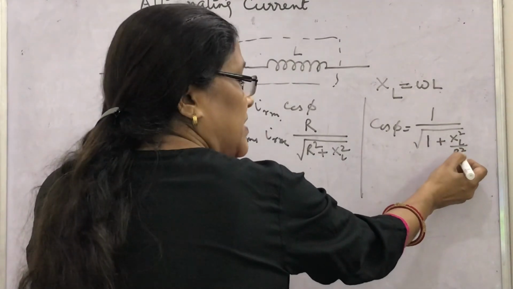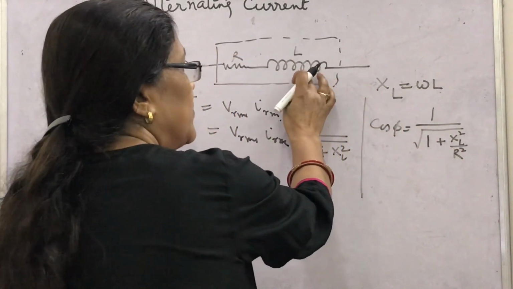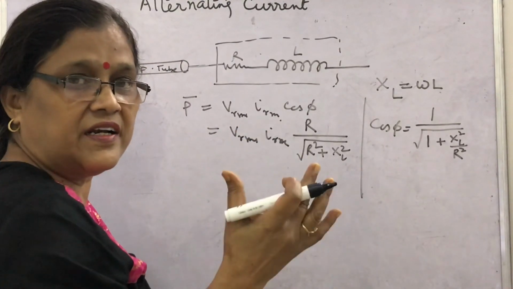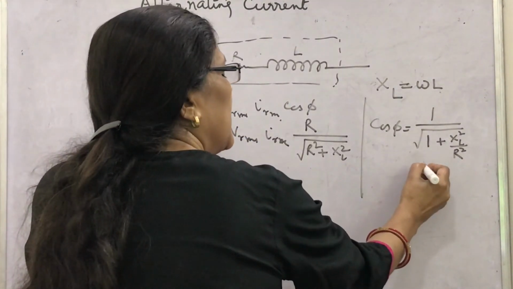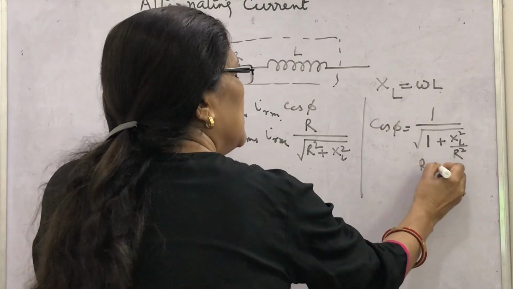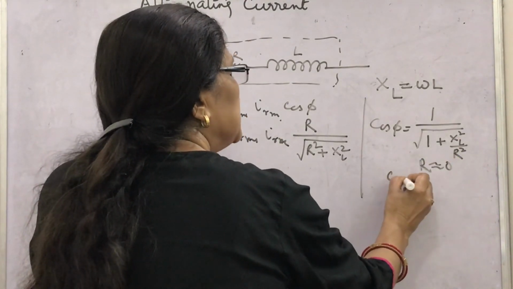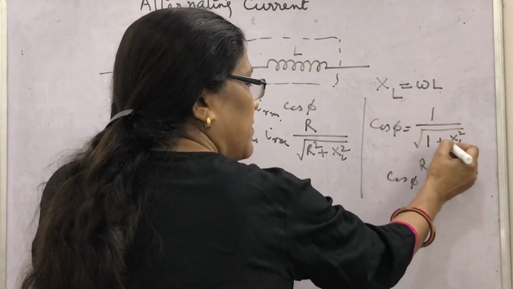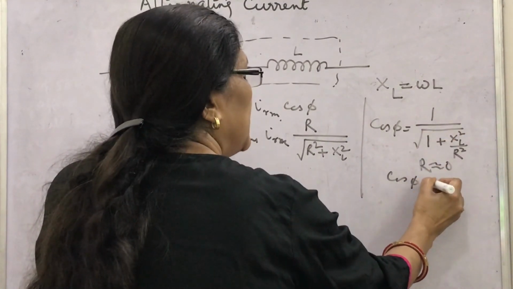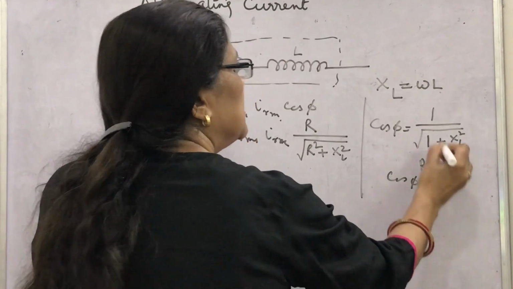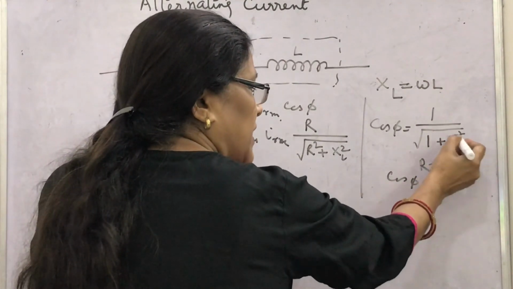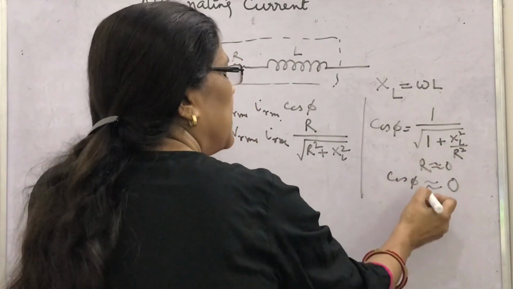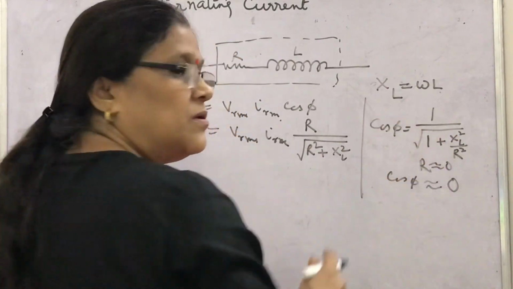If R approaches 0, as for an ideal inductor, then XL upon R will approach infinity, and cos phi will approach 0.